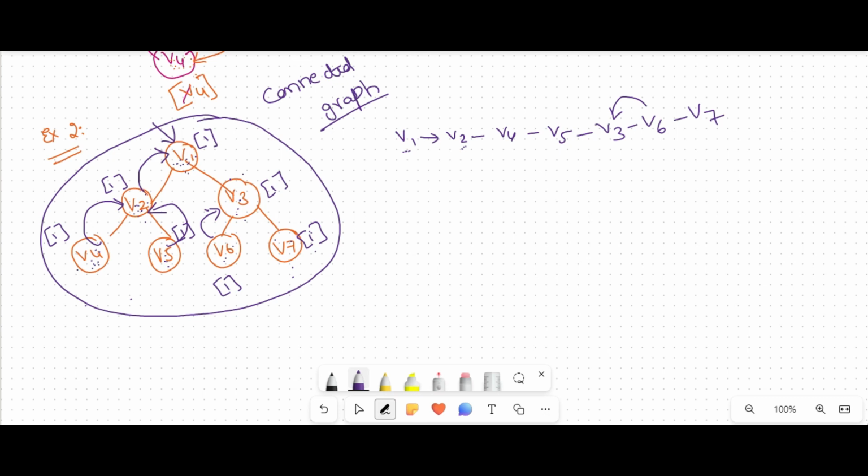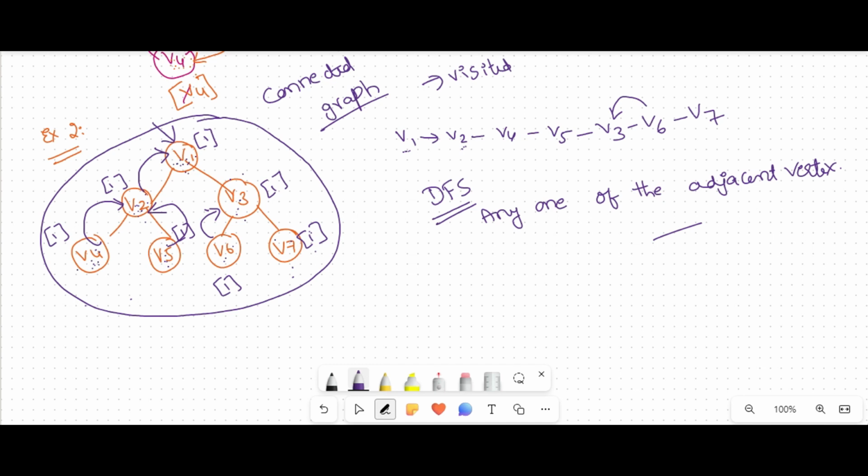Now all the vertices are visited. All vertices in the graph should be visited like this. This is the depth first search technique: visit any one of the adjacent vertices.